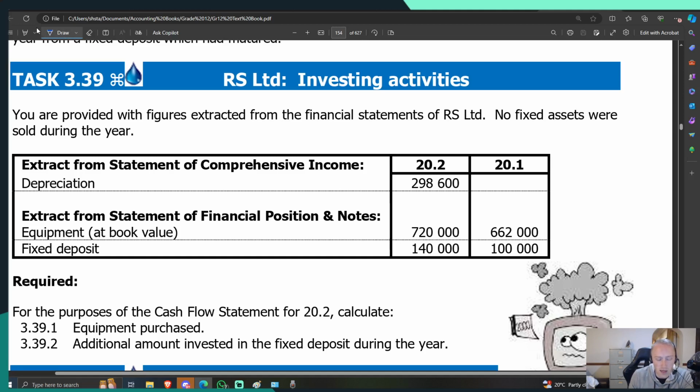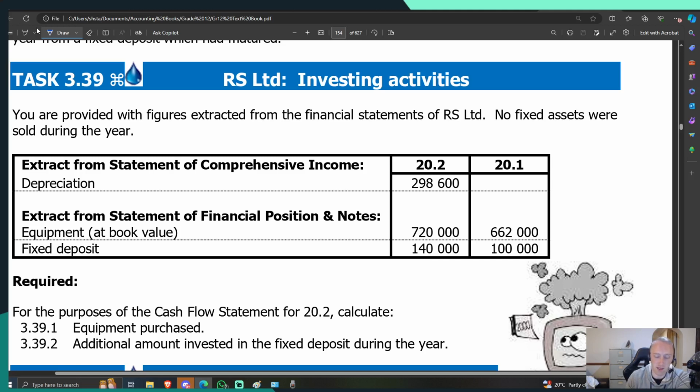So we do not have to show any disposals of assets. The part of the cash flow statement that we're doing now is cash flow effects of investing activities.